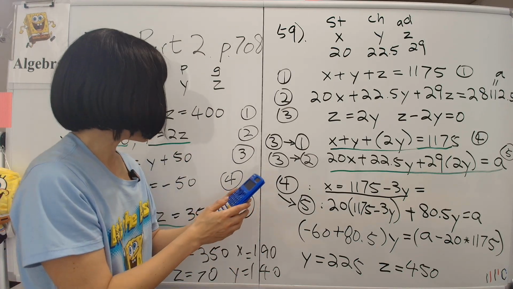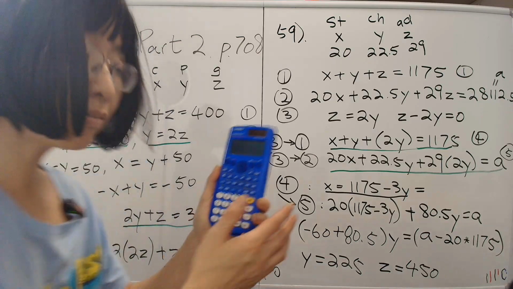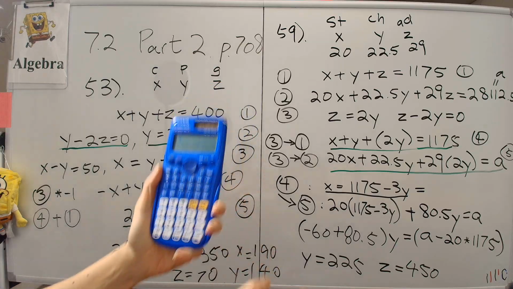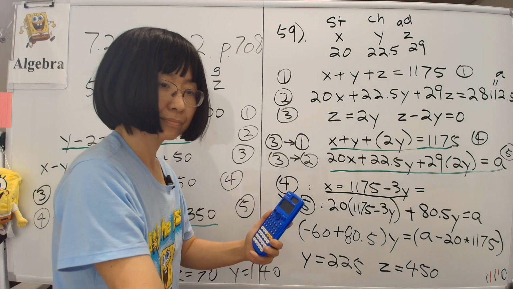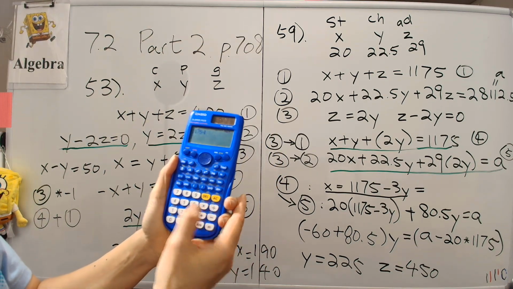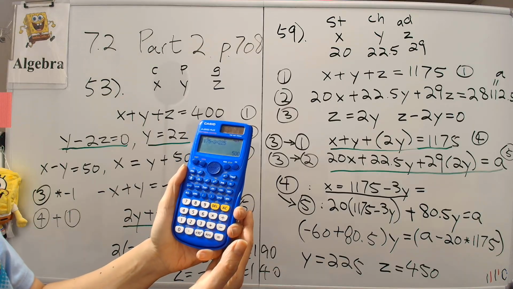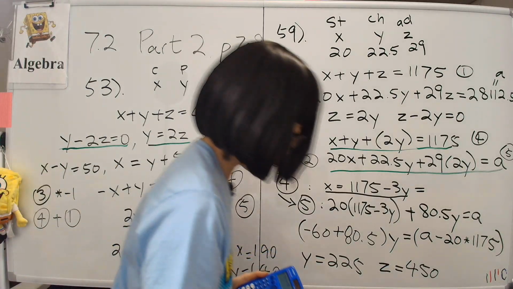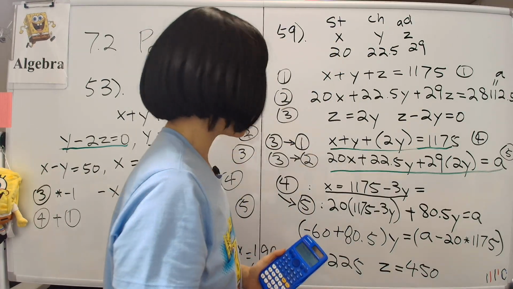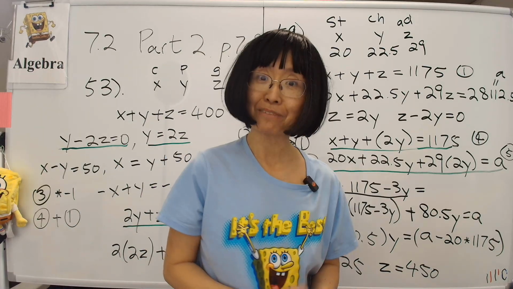So x equals 1175 minus 3 times 225. That's 500. So is x 500? Yep, 500 students. So that is correct. And we have finally come to the end of this long and painful section.